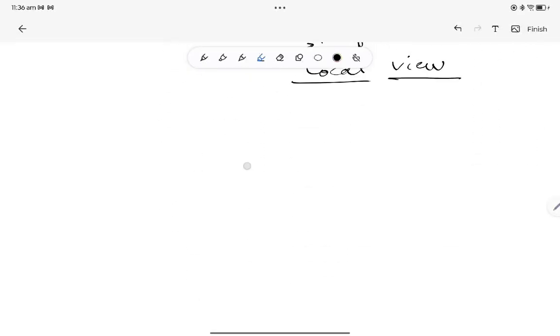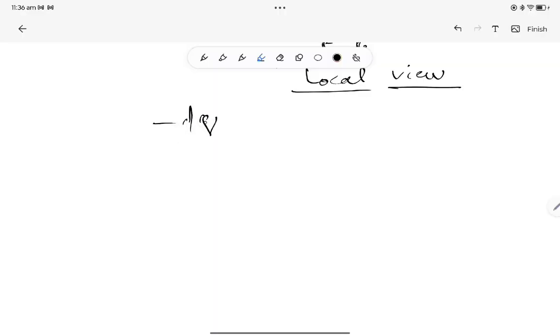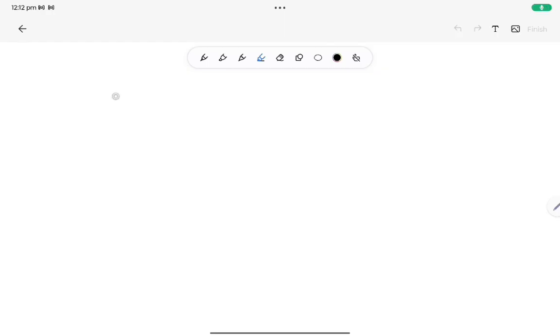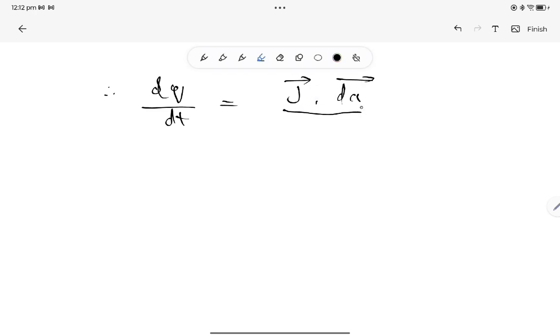Anyhow, we have seen minus dq by dt equal to j dot dA. Therefore, dq by dt is equal to minus j dot dA. Now, this gives current through only the small patch of area dA, not the whole surface.